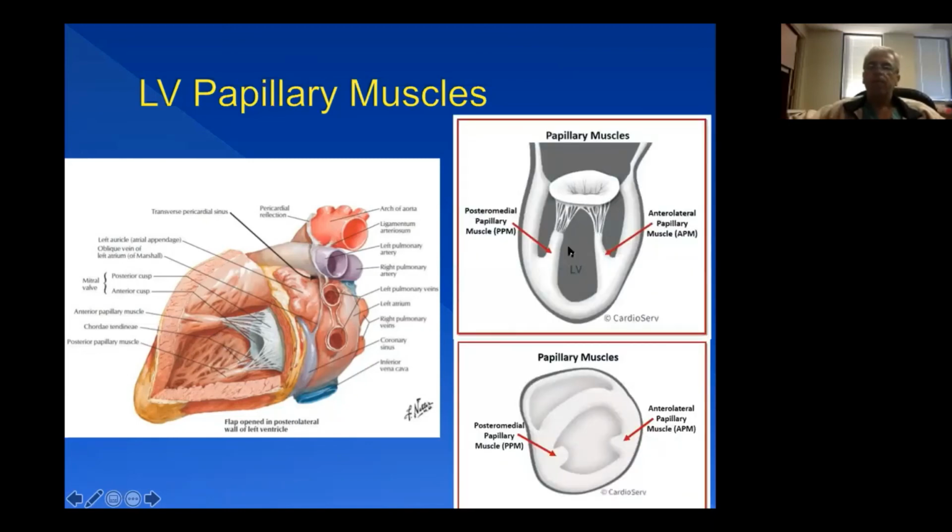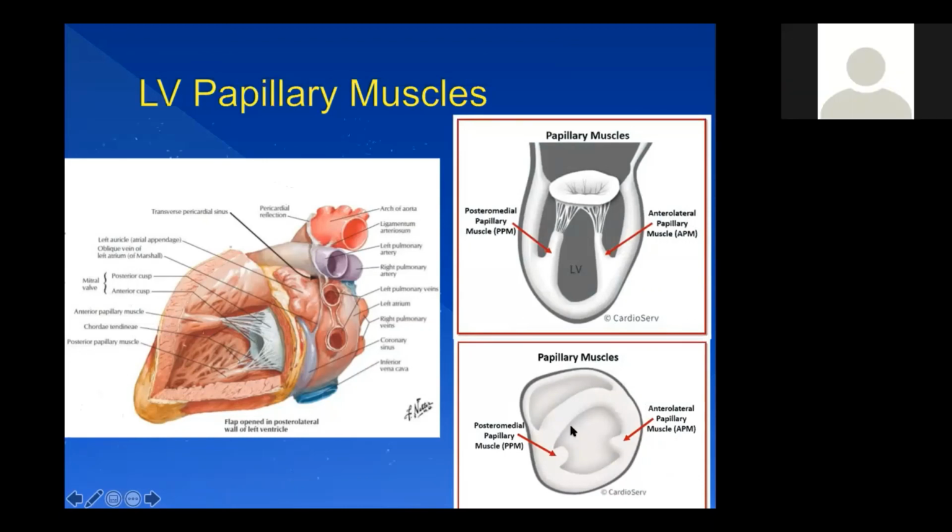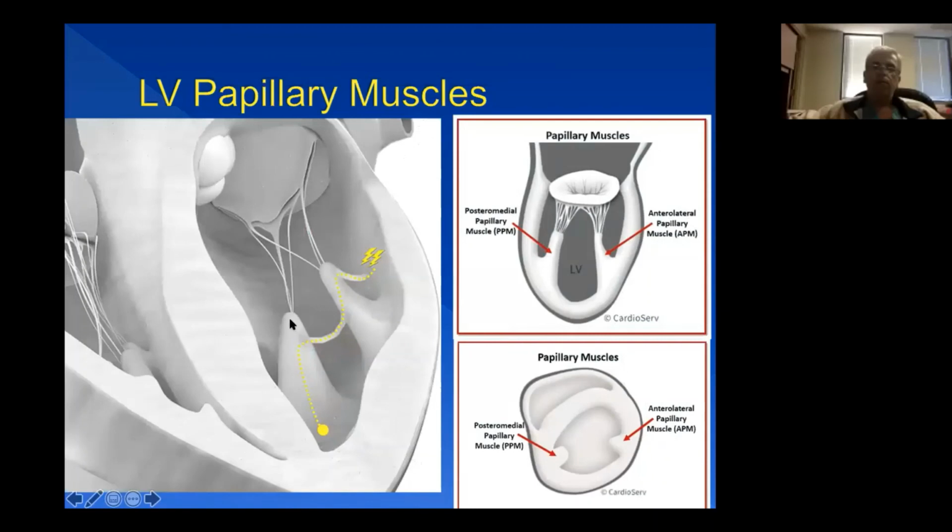Again, another representation of the papillary muscles, the posteromedial and the anterolateral, and that's the short axis showing these two papillary muscles. Why are we talking about them? Because both papillary muscles could be the source of PVCs and ventricular tachycardia, and you can have a focus in each one of them.